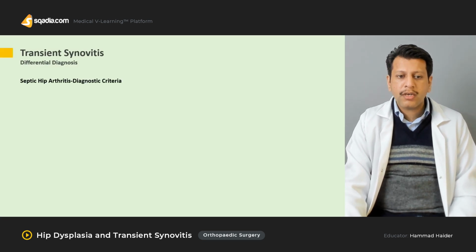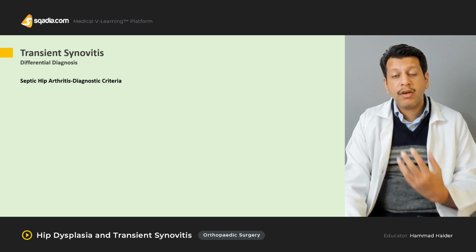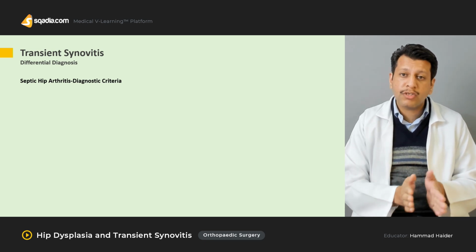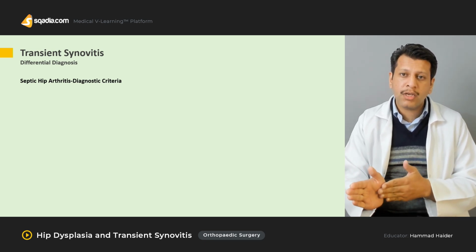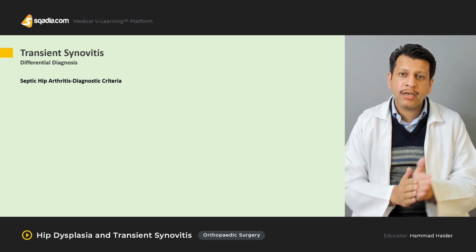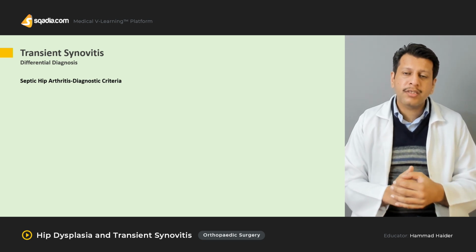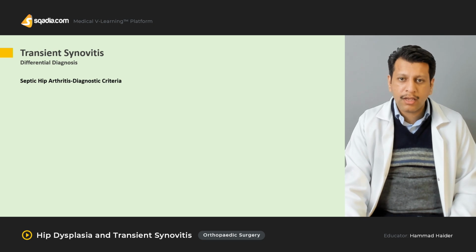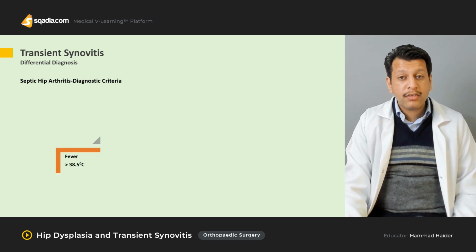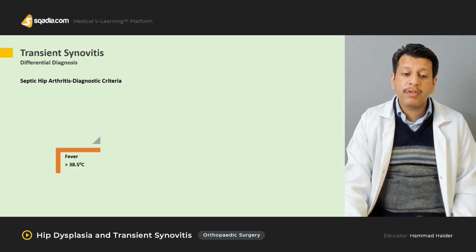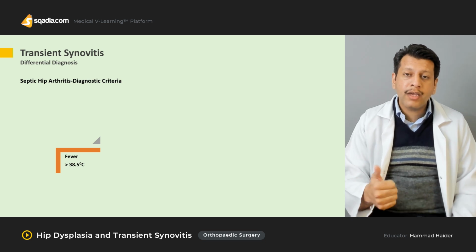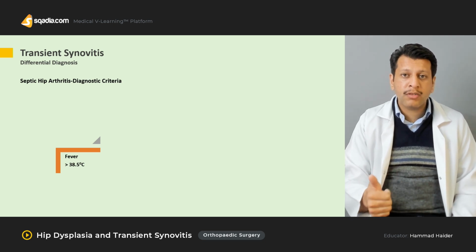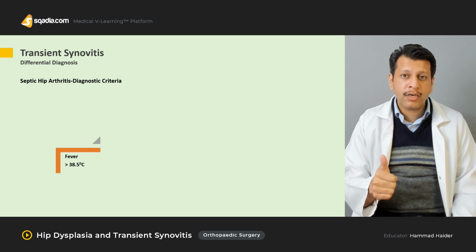The other is septic arthritis. You have certain diagnostic criteria which point towards septic arthritis, and if all these criteria are negative, then septic arthritis is less likely. There are 4 criteria. First and foremost is always fever greater than 38.5. High grade fever is very pathognomonic that the patient is having some form of septic arthritis.